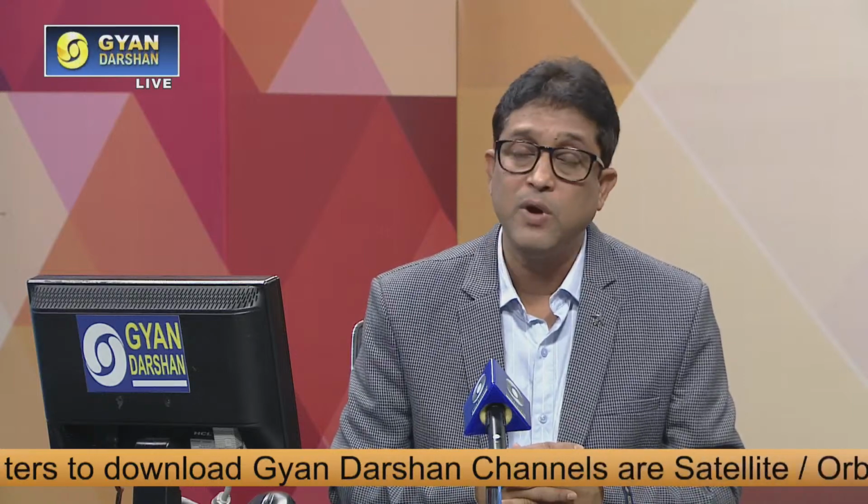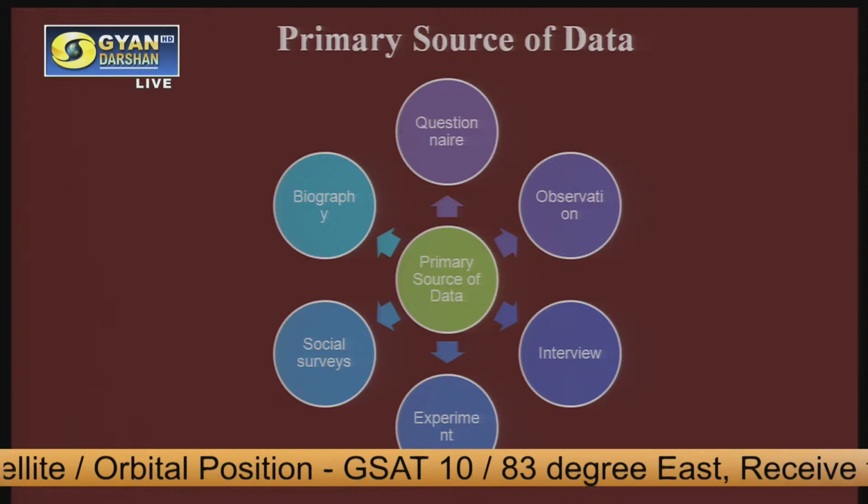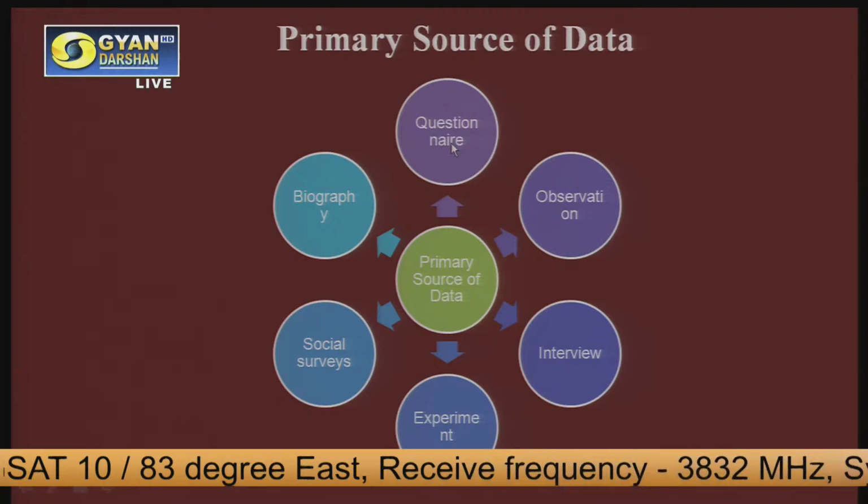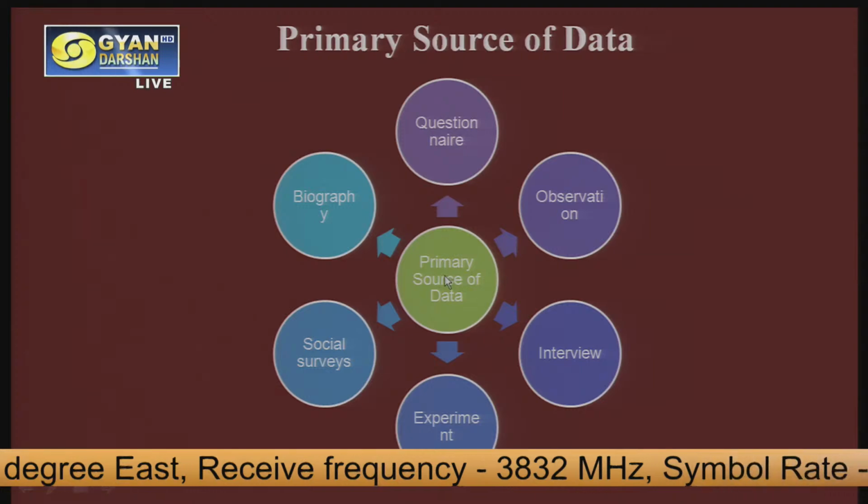Now let me focus on the different sources we use to get data that we call the primary source of data. As you can see on your screen, when you are using a questionnaire to get data, we do that by using the primary source.